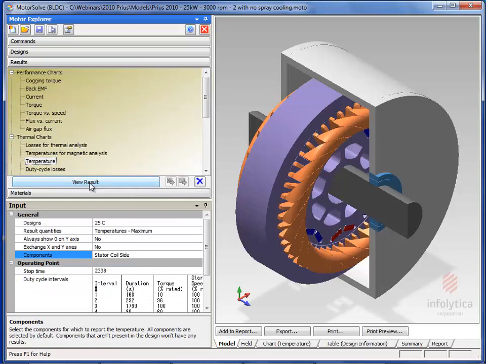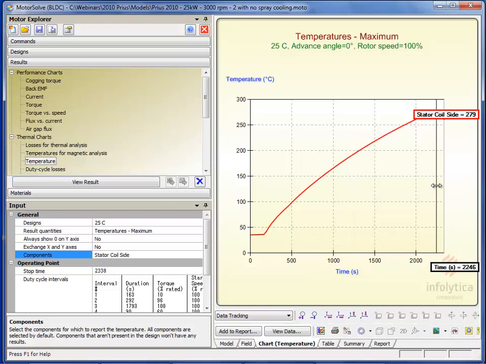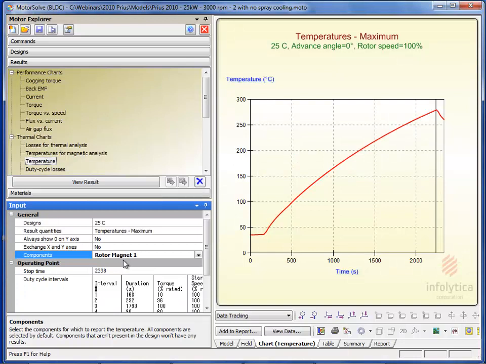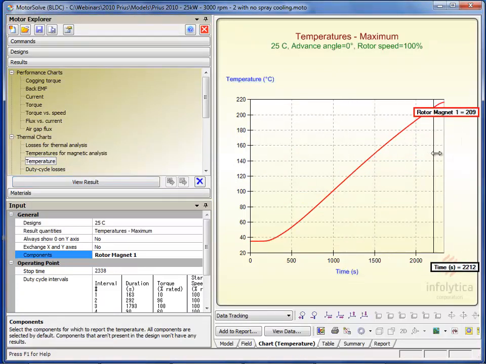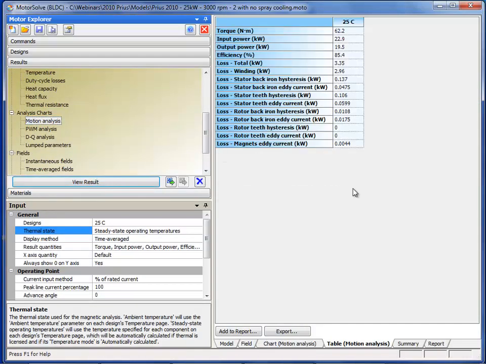So first let's look at the temperature response of the winding. Because of the nature of the drive and the current required to generate the torque, without cooling, this winding will reach a temperature of 279 or 280 degrees C. Likewise, if we look at the magnet, it reaches 216 degrees C. If we look at the performance data, the torque is reduced all the way down to 62 Newton meters.